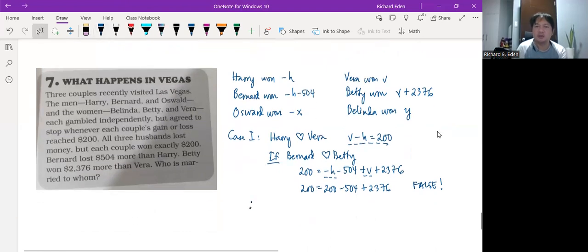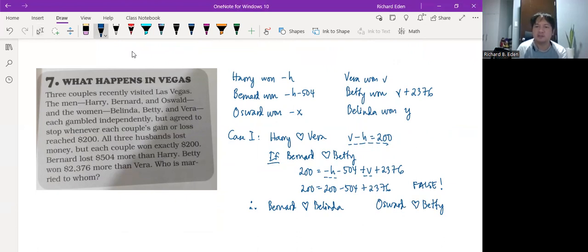Okay, so therefore, Bernard and Belinda, and then Oswald and Betty. With Bernard and Belinda, so that means y minus h minus 504 equals 200. Then Oswald and Betty, v plus 2376 minus x equals 200.